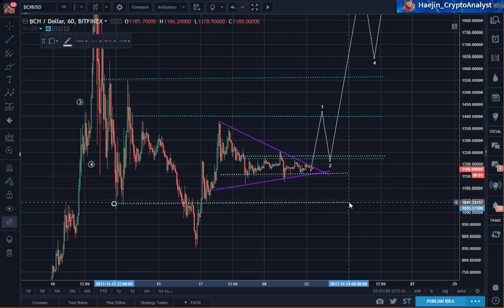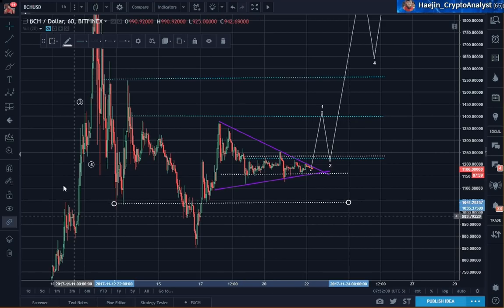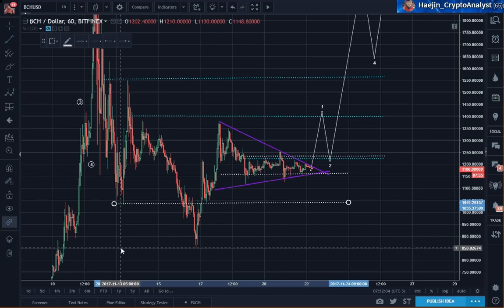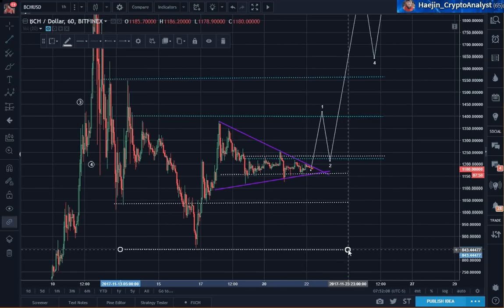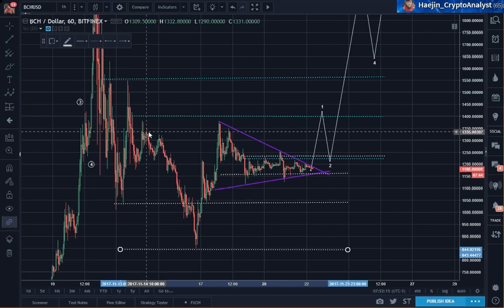I would buy some here. Where the prior low is, I go just right below it. Buy some right there. Okay. I think this line right here is a good resistance, so that if it hits it, I go right above it.